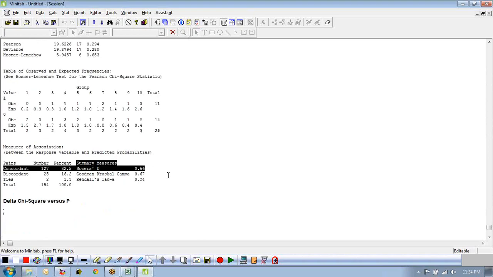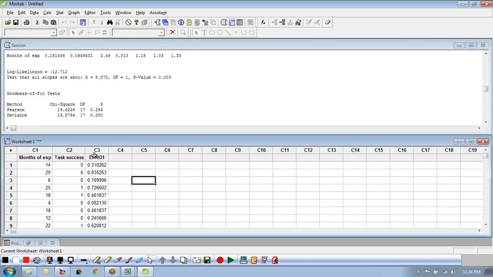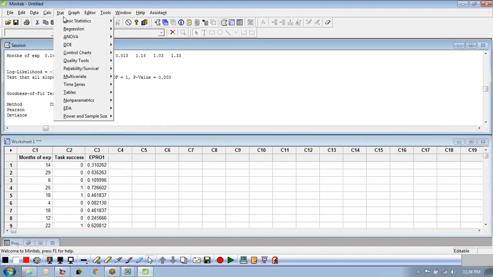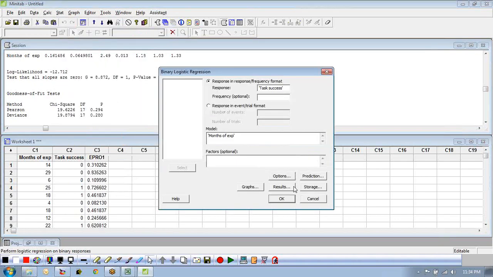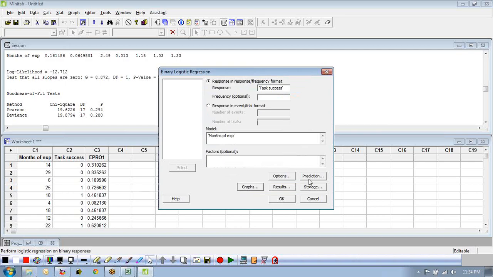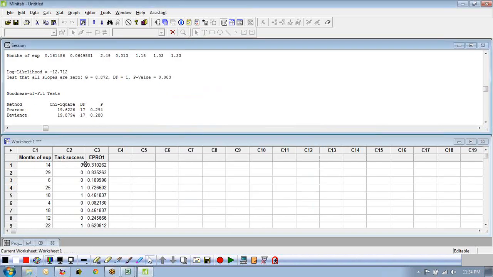Let's go ahead and predict some probabilities. I'm going to go back into Stat, Regression, Binary Regression, and get rid of that graph. When we clicked on Storage, remember I checked Event Probability. I wanted to store the event probabilities, and those were stored right here.